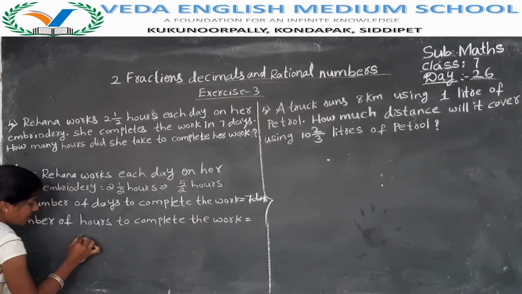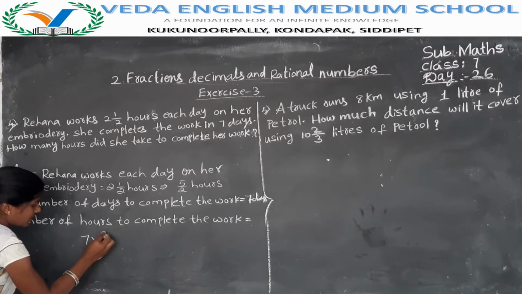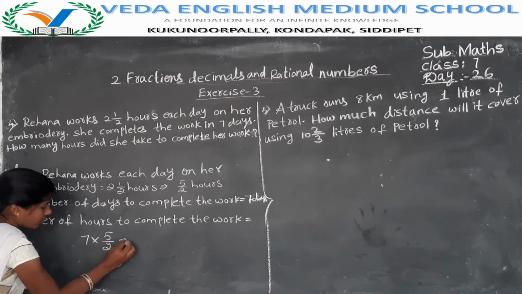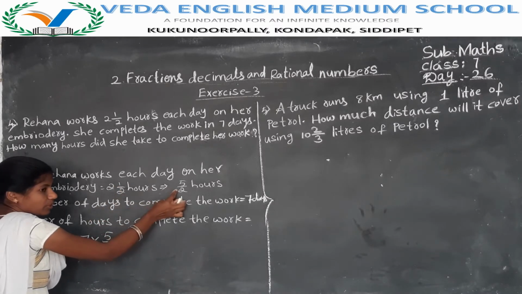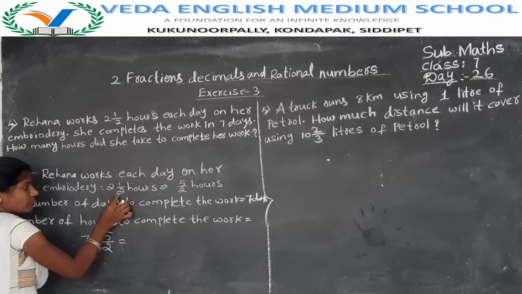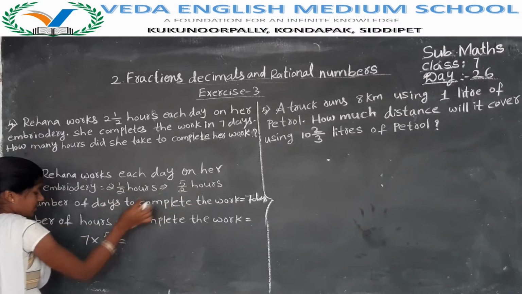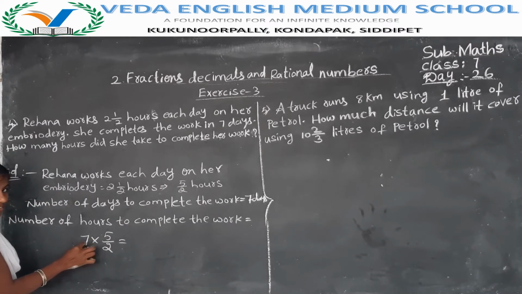Now 7 is a whole number. She is taking 5 by 2, it is 2.5 hours. The conversion form of 2.5 hours is 5 by 2 because 2 2s are 4, 4 plus 1 is 5. Now 7 days we have to convert into hours, so that's why we have to multiply with hours.